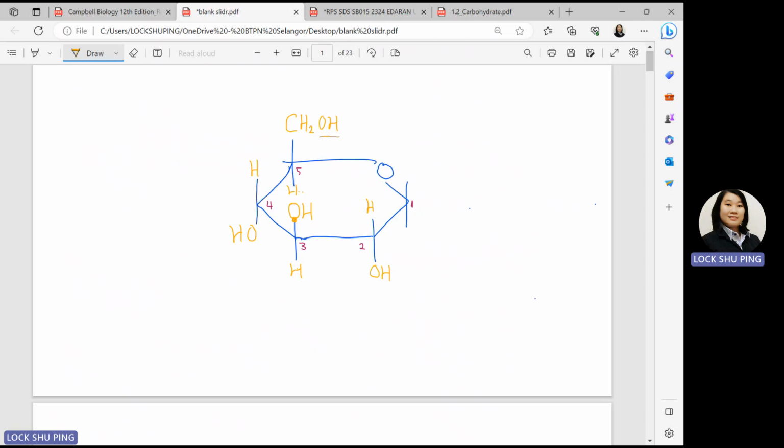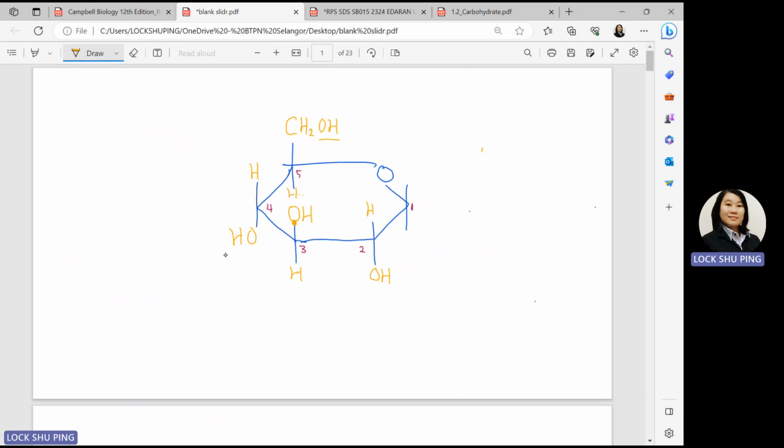This is where the glucose becomes alpha glucose or beta glucose. There are 2 ring forms of the glucose molecule. Even though their linear shape is exactly the same, the arrangement of the hydroxyl group at carbon 1 will determine whether they are alpha glucose or beta glucose.